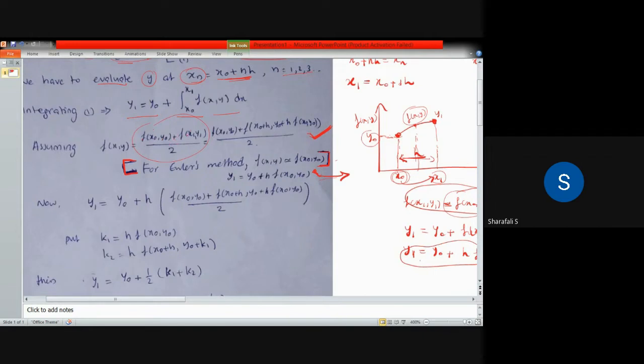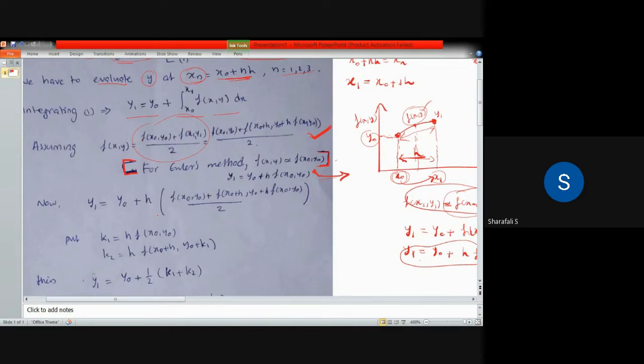This is just for the case of the function in between x0, y0 and x1, y1. But if you consider any other points, you have to take the function like that. Just for simplification, I'm considering these initial 2 points.